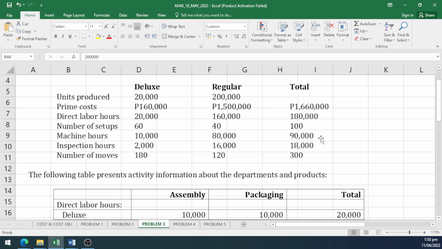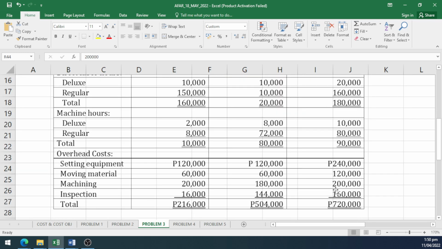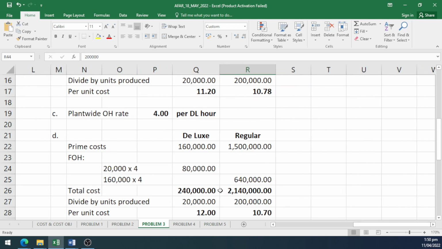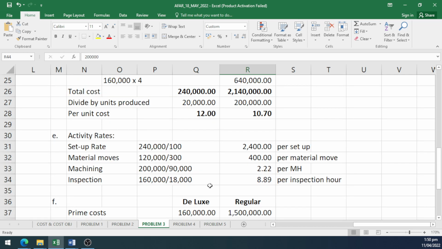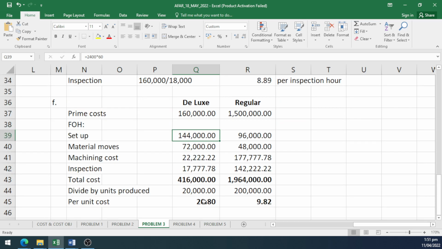Ang tawag po doon ay consumption ratio. Consumption ratio times the setup cost, which is in this case is 240. 60% ng 240, 40% ng 240. Yun po yung kanina na na-compute ninyo na 144,000 and then 96,000. Yan po ang activity-based costing, plant-wide, and departmentalized system.